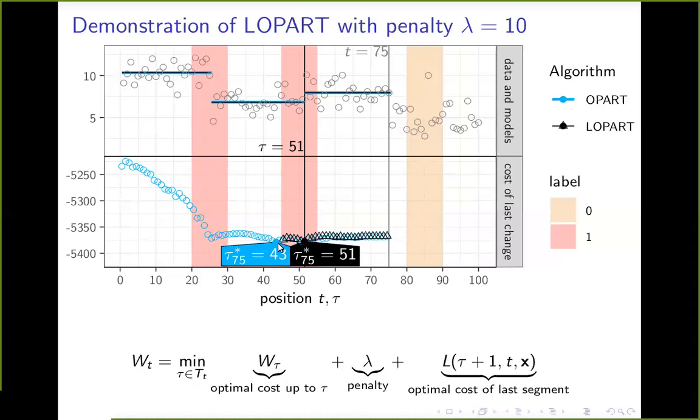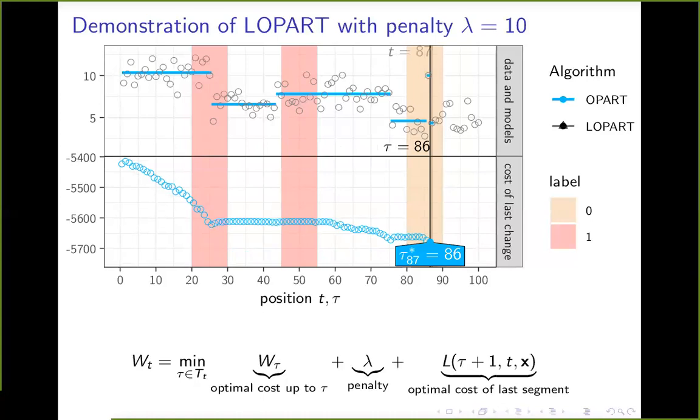It's not able to consider that as an option because we want to enforce the constraint that there's a change point in this one labeled region here. So instead of picking this as the minimum, which is actually less costly, it's not allowed to because it has to enforce this constraint. Instead it picks this change point at data point 51. And so you get two different models as being the best up to data point number 75.